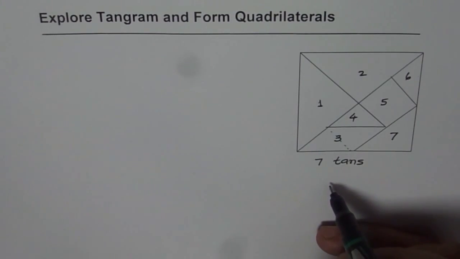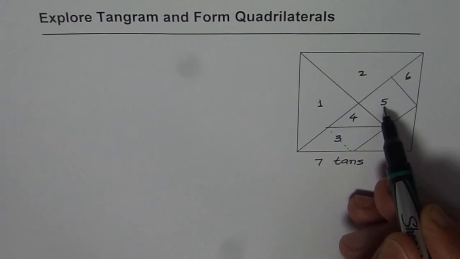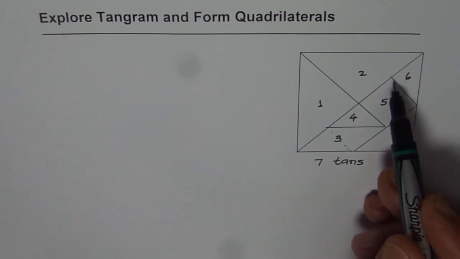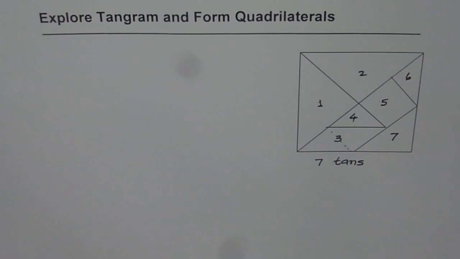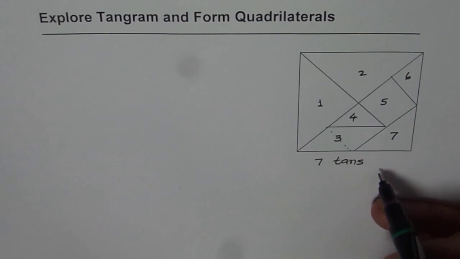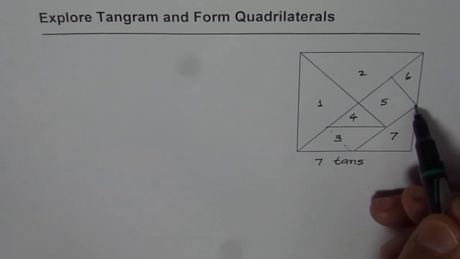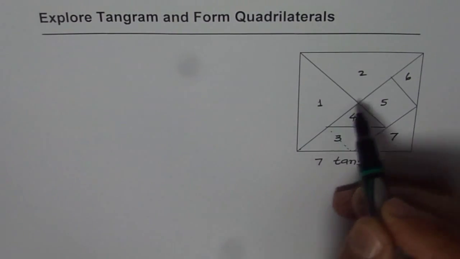But remember, even if I consider 3, 4 and 5, I have a piece which is kind of like this with 4 sides. So any figure with 4 sides is a quadrilateral. Remember that, right? So any figure with 4 sides will be a quadrilateral, correct? Even if I take away 6, I have 1 side, 2 sides, 3 and 4.